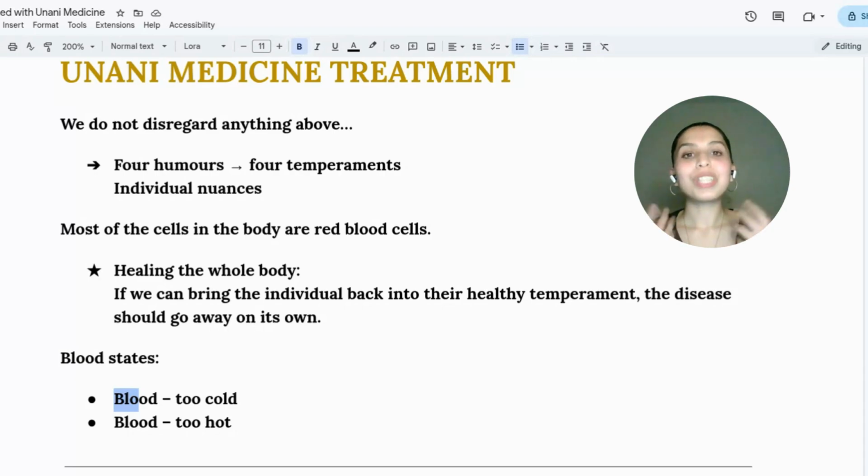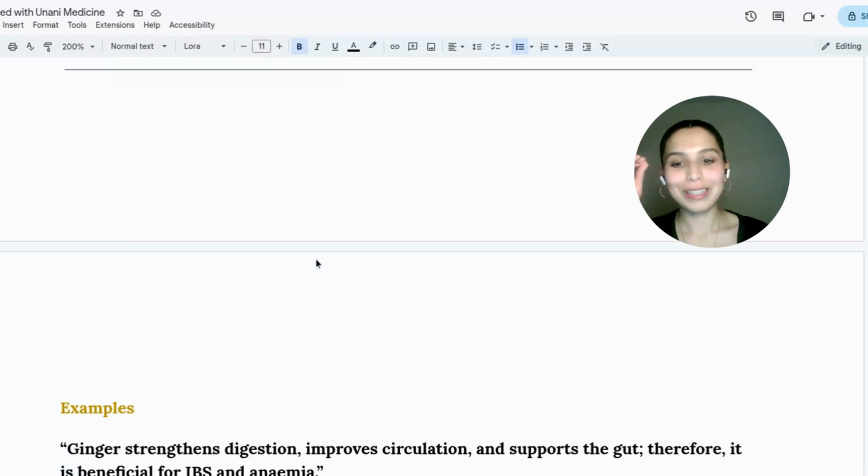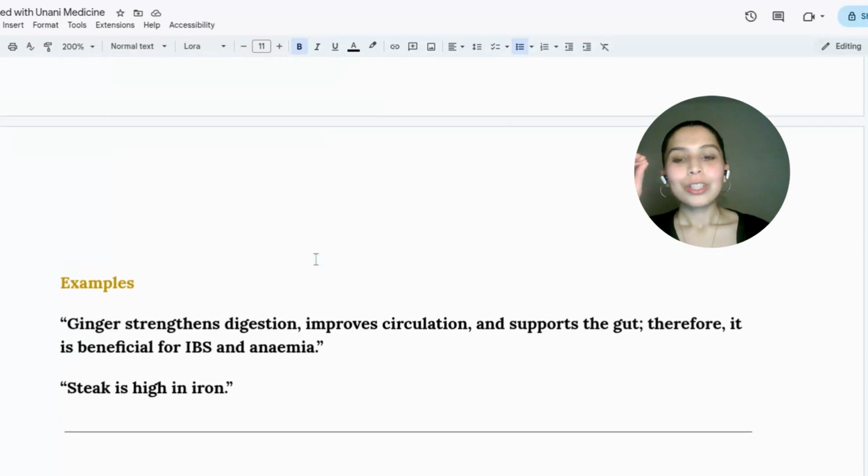Their body is going to experience symptoms of disease. Okay, bear with me if this was a little bit hard to understand.